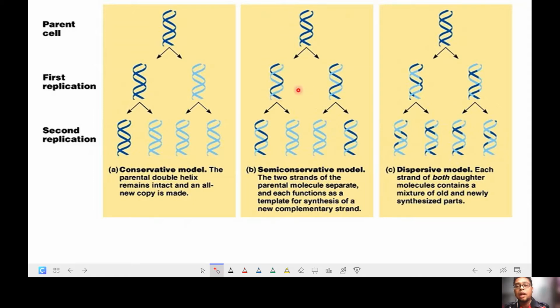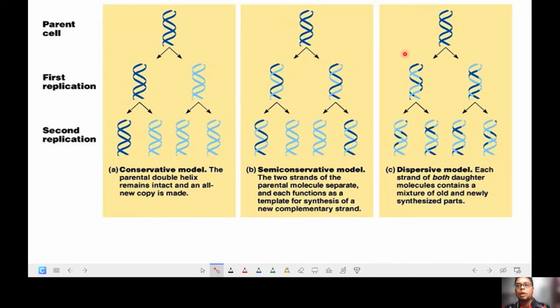And as a result, at the end of this replication process, we can see that one DNA molecule over here consists of the original parental strand, which is dark blue in color over here, and also one new DNA strand. So it is a combination of old and new strands of DNA. The same goes for this other DNA molecule.